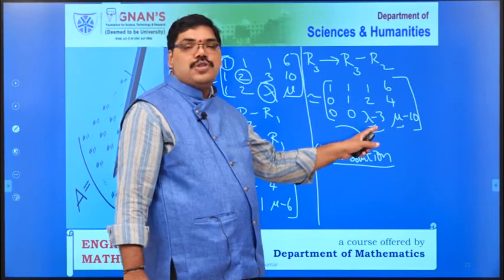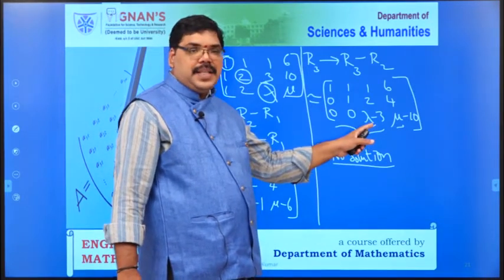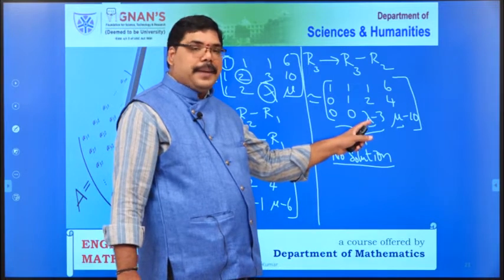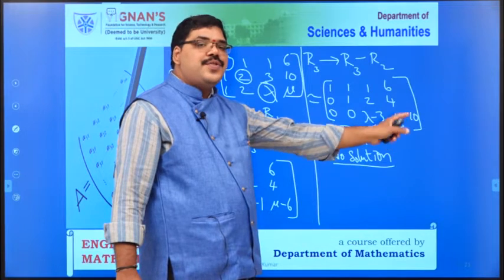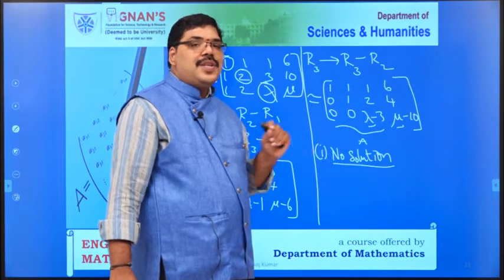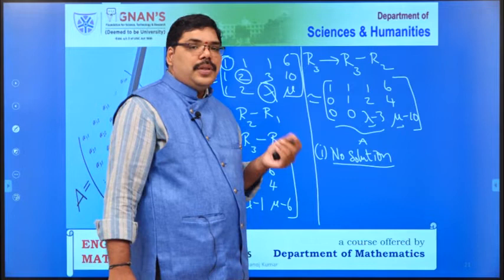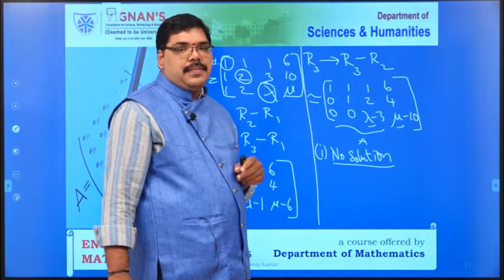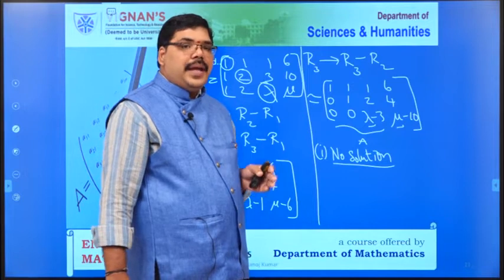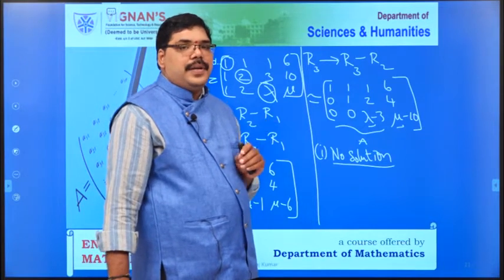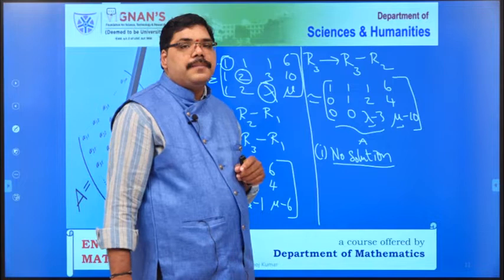Suppose lambda equals 3, then this becomes 0. And if mu equals 10, this also becomes 0. If both are 0, both A and AB will have the same rank. I don't want that. I want rank of A not equal to rank of AB. What is the other possibility?